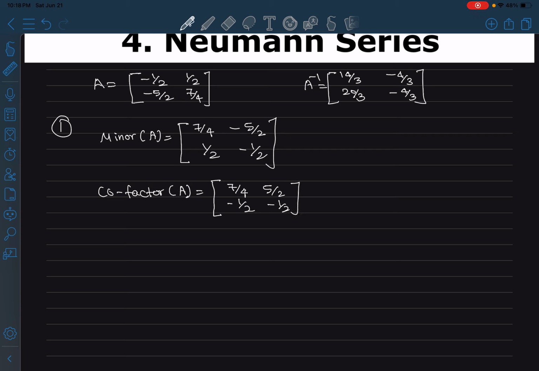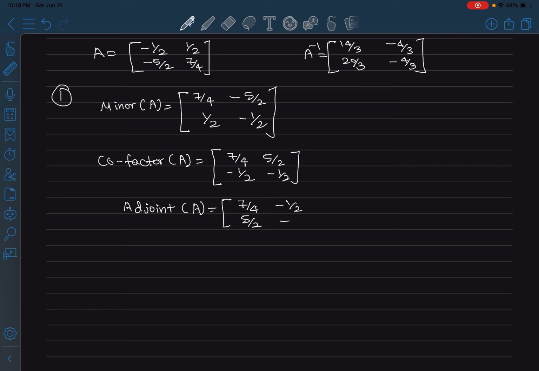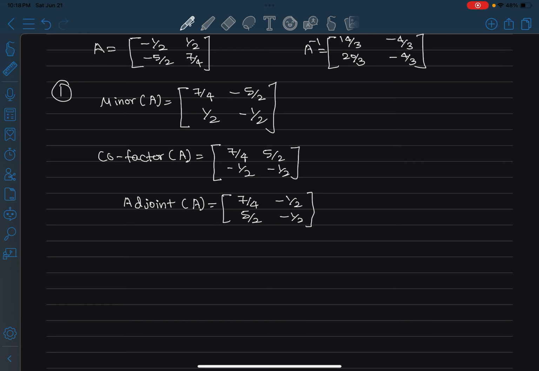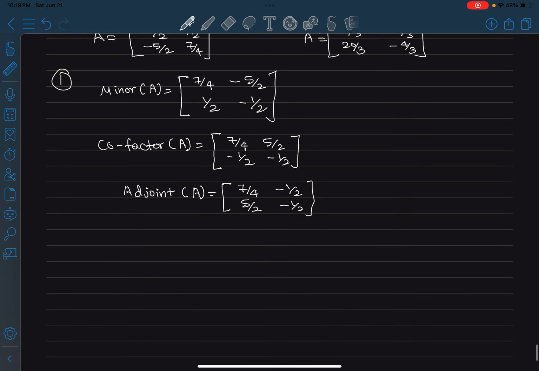Then we find the adjoint of A. To find the adjoint, you just take the transpose of the cofactor matrix. So this becomes 7/4, 5/2, -1/2, -1/2. That's the transpose.